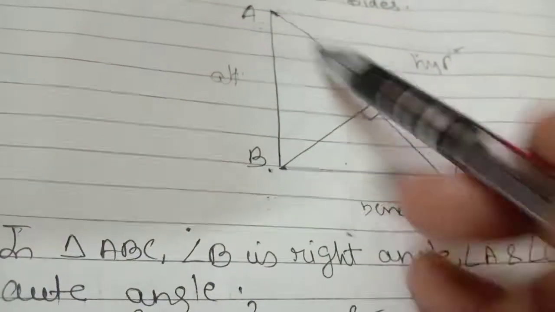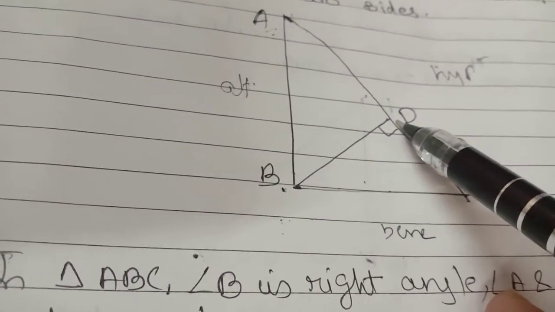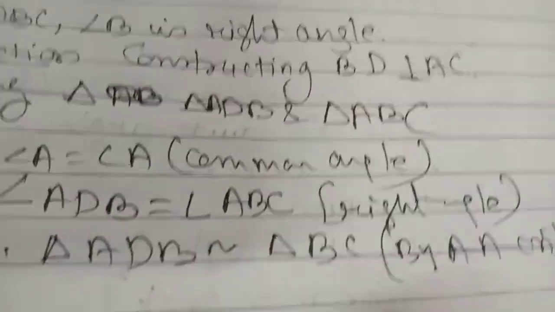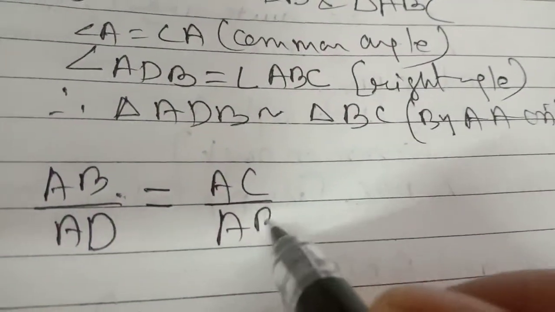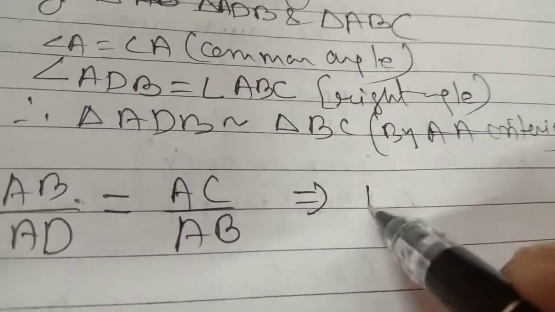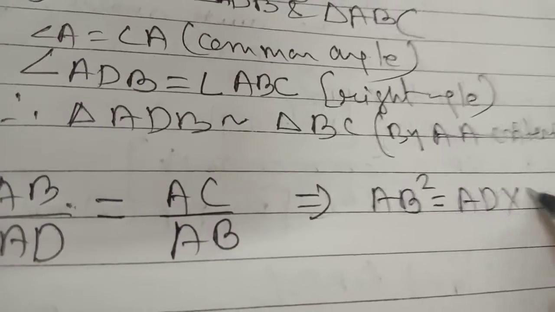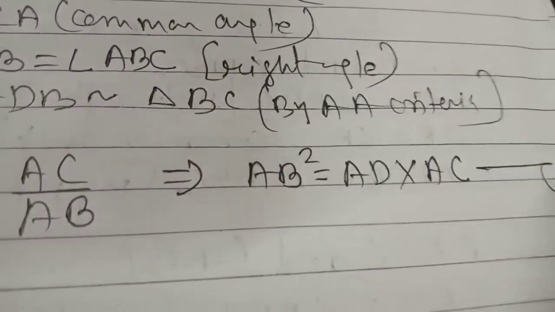AB upon AD for the smaller one. Then I will write here hypotenuse will be AC. So AC upon AB. So it will give us AB square is equal to AD into AC. Give it number 1.